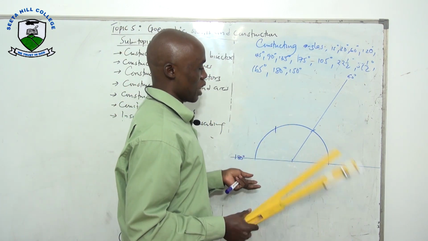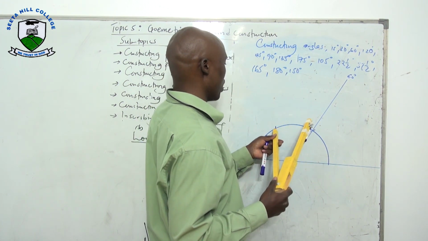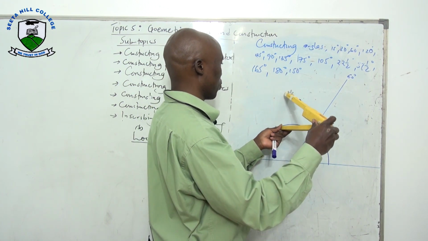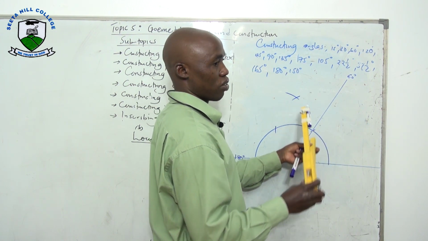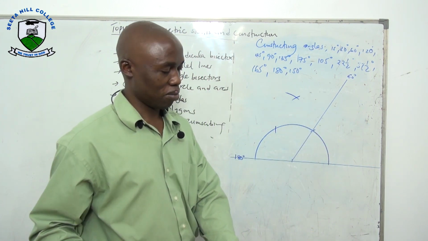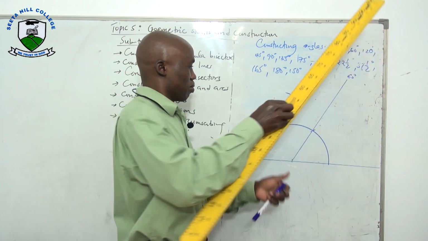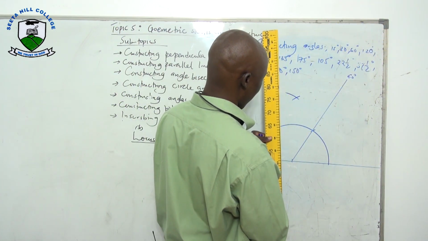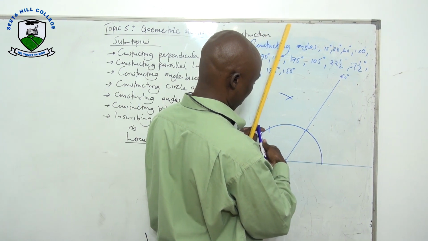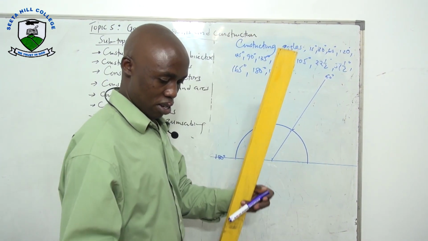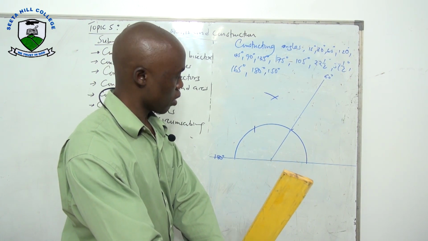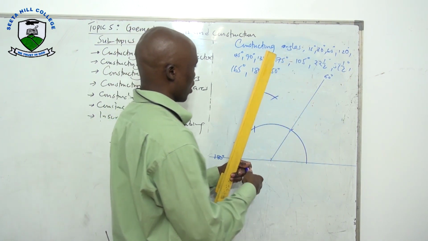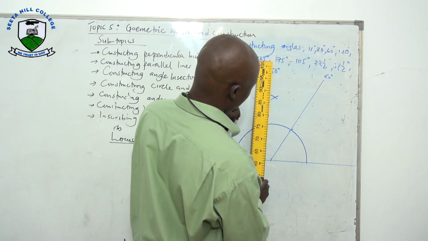You have that in mind, not so? Now, which angle is this? Which angle is that? 90, not so? Okay. 90. Now, 90.